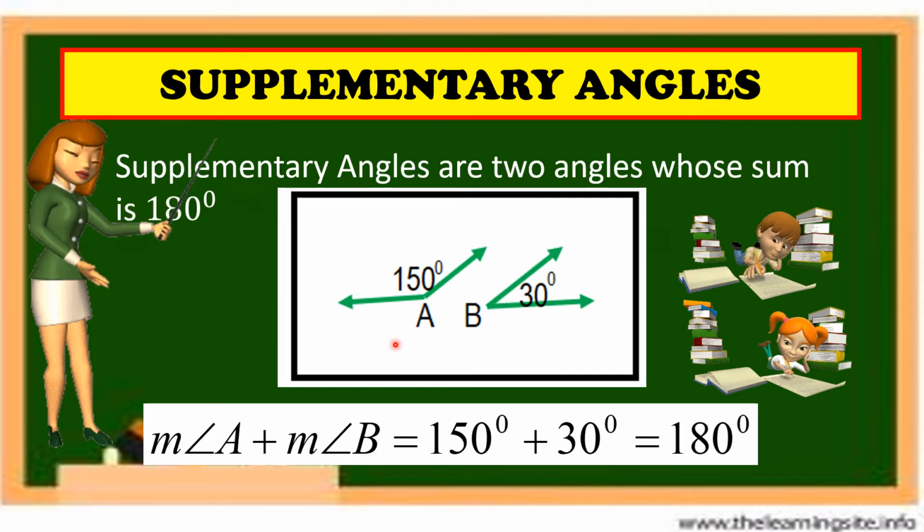If we find the sum of the measure of angle A and the measure of angle B, what is the sum? The sum is equal to 180 degrees. Therefore, angle A and angle B are supplementary angles because the sum of the measures of the two angles is equal to 180 degrees.